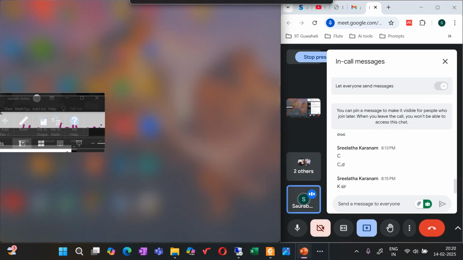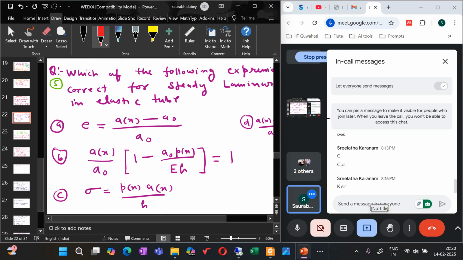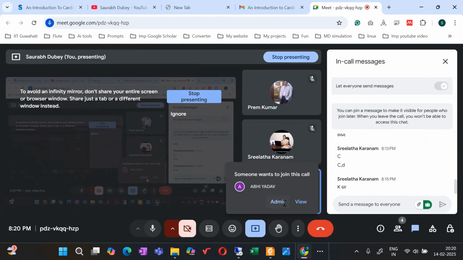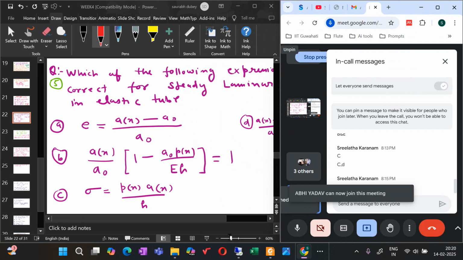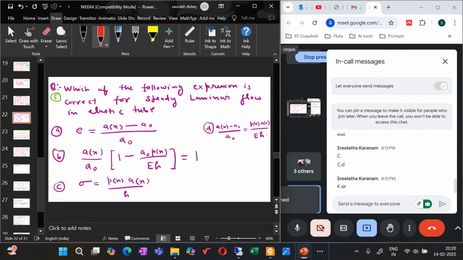Yes. So you just solve this. So any options you have attempted? Anyone please attempt? Yes. So you just attempt this. So this 3 is saying B is correct.